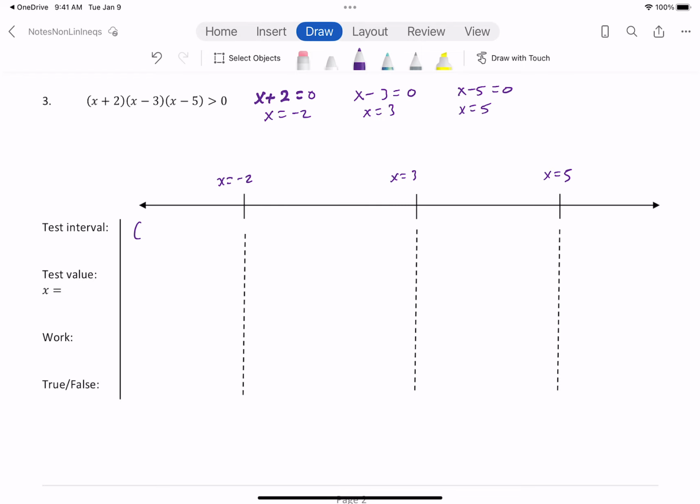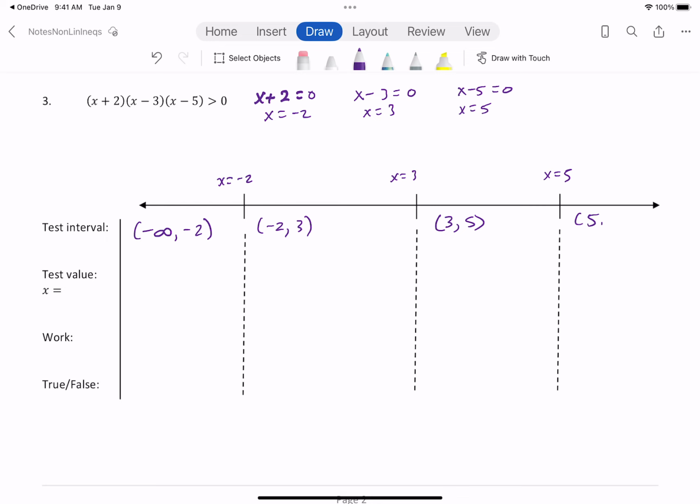So my first test interval, of course, begins at my arrow pointing left, and it goes to the first endpoint. The second interval begins at the -2 and goes to the next endpoint of 3. And then the third region starts at 3 and goes to 5.